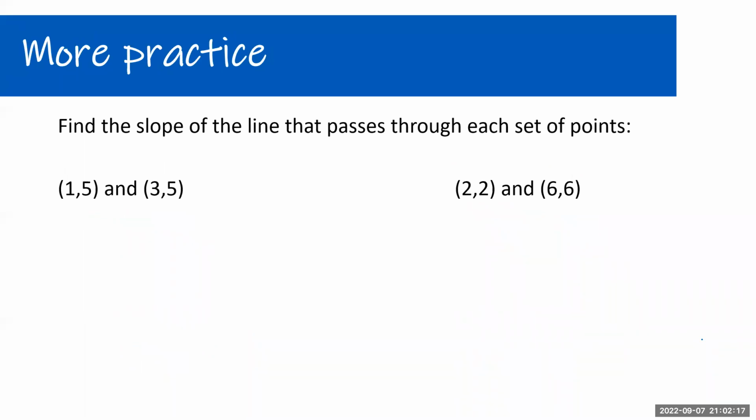Let's practice some more. (1, 5) and (3, 5). Well, 5 minus 5 over 3 minus 1 is going to give us 0 over 2. This is going to be 0. This is going to be a horizontal line. And you could plot those and verify. (2, 2) and (6, 6). Don't get misled by seeing the same numbers here.